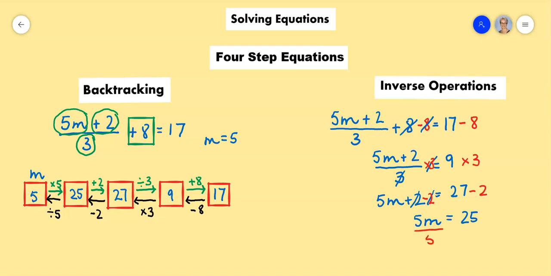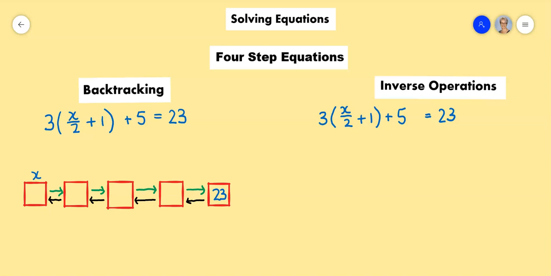So we divide both sides by 5, times 5 and divided by 5 cancel out, and we're left with m is equal to 25 divided by 5, which is 5. The same equation, the same answer that we got from our backtracking.